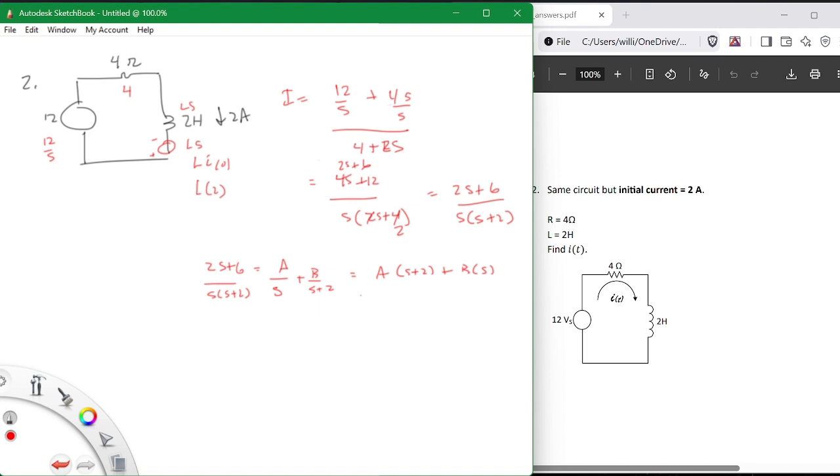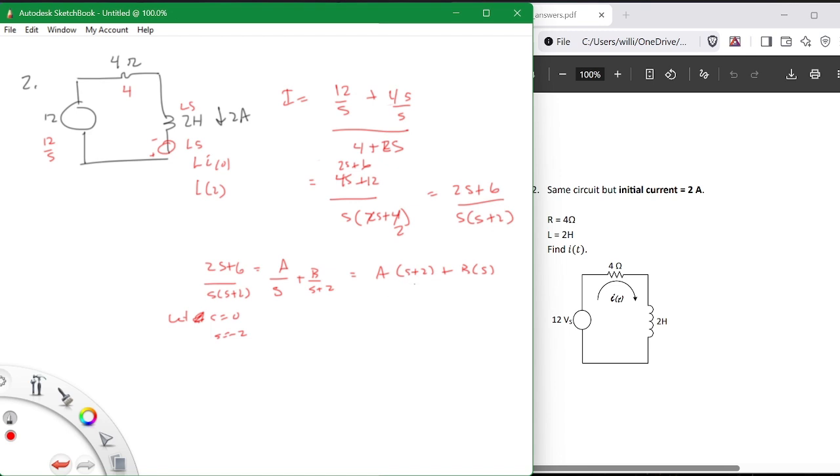With that in mind, let S equal 0, and let S equal minus 2.